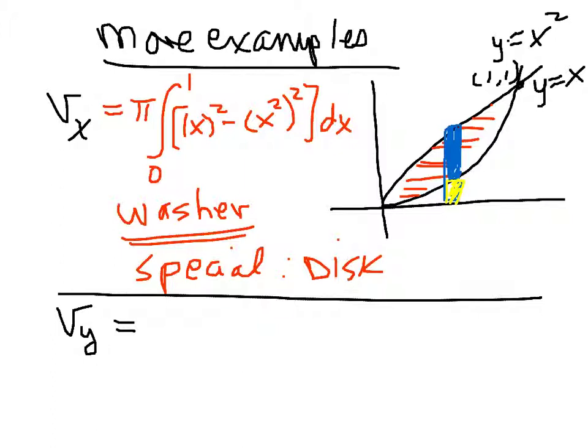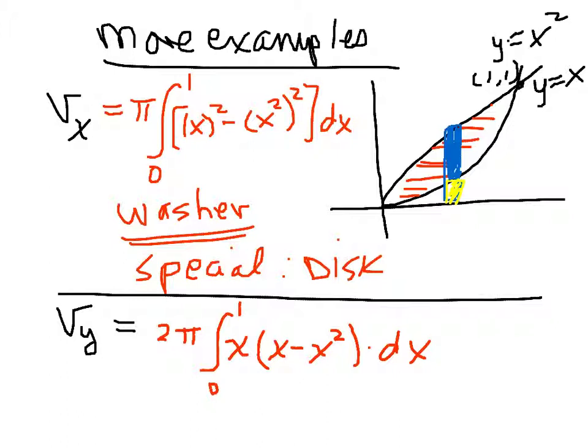So taking that same region and going around the y-axis using the shell method will be 2 pi, we're integrating from 0 to 1, of the radius times the height, which is top minus bottom, times the little bit of thickness. And notice, please, that that is the shell method.